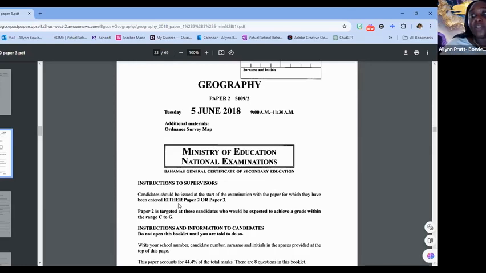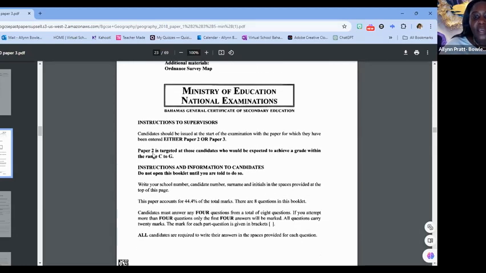The amount of questions is just a bit different. Like it says, paper 2 is targeted to those candidates who want to achieve the C to G range, and paper 3 is for those persons that want to achieve the A. Okay, and so this is 44% of your grade. There are 8 questions in it, and you are only asked to answer 4.